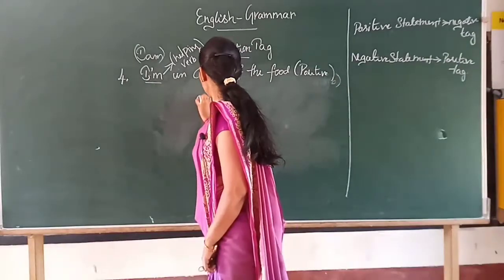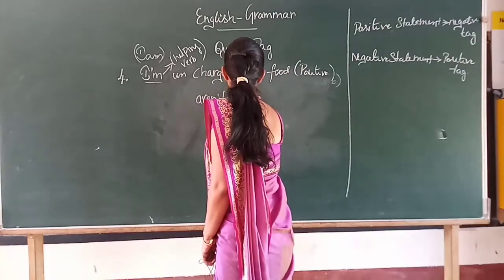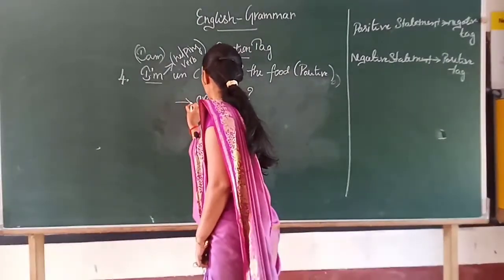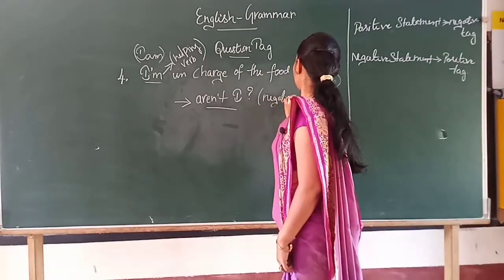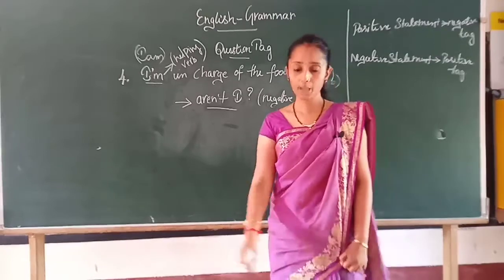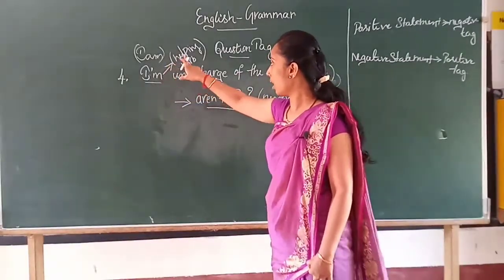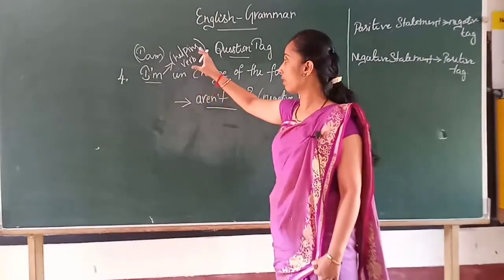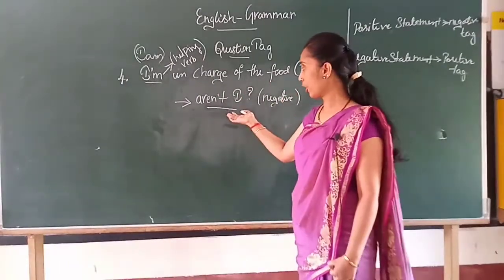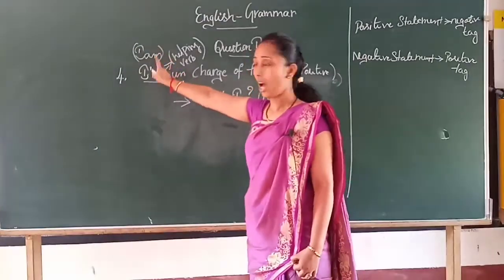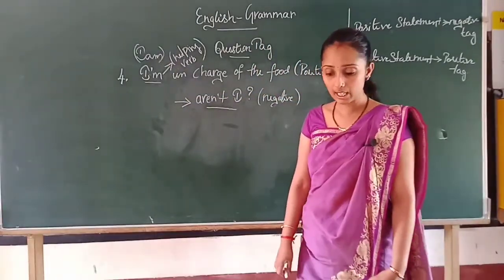As I told, your negative tag is aren't I. This is your tag. Okay? Is it clear? This is a positive sentence with an auxiliary or helping verb. So as I have given the clue, your tag should be aren't I. So when am is used, it is always followed by aren't I. Clear? Is it clear? Okay.